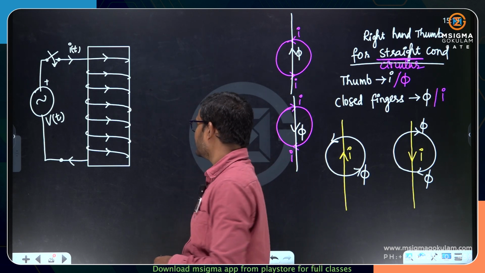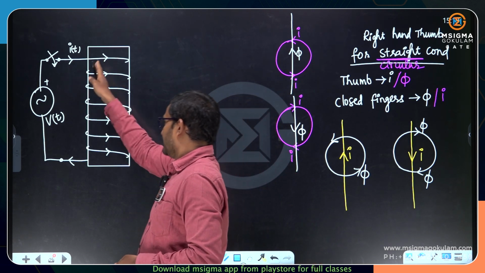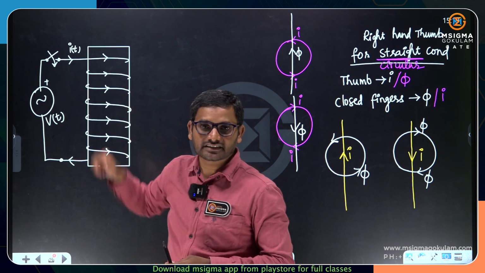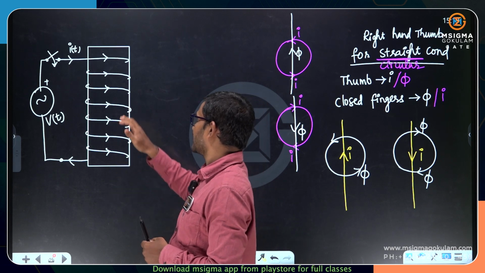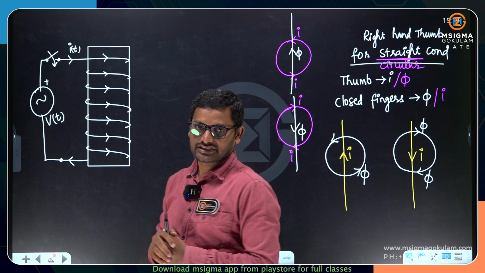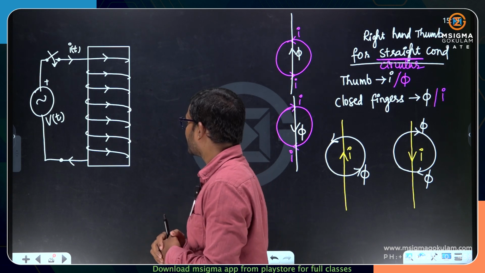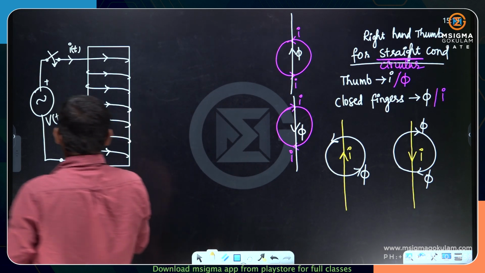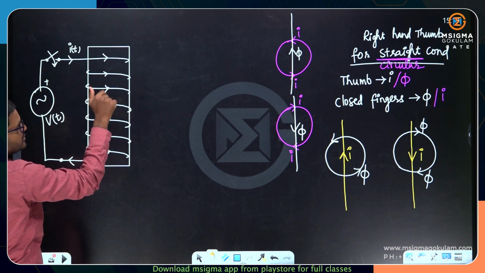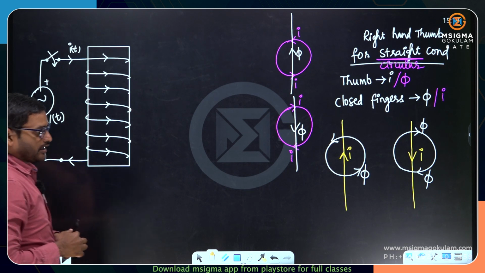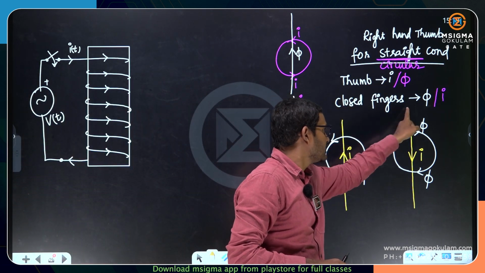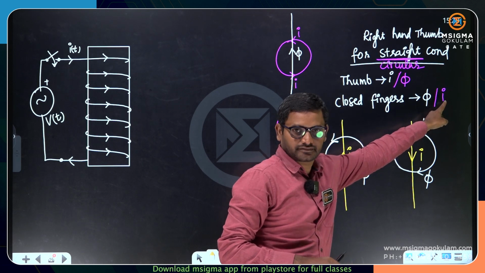Now if you apply the right hand thumb rule here, you will get the flux lines direction. The current is moving from left to right, so the current direction is indicated with the curled fingers because it is a circular conductor. For a circular conductor, closed or curled fingers will indicate current.